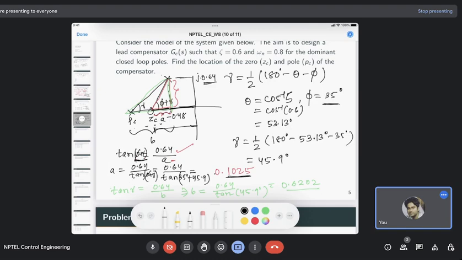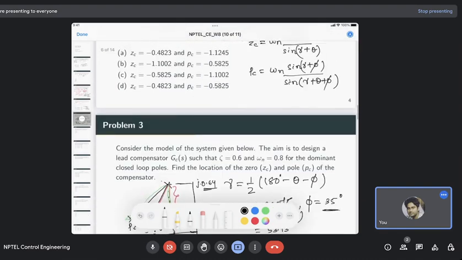So zero location then will be 0.5825, negative sign because this is located to the left of the origin, and similarly the pole location will be this B plus this magnitude of 0.48, so it is 0.48 plus 0.6202, so it's minus 1.1002. So these are the locations of the zero and pole of the compensator.